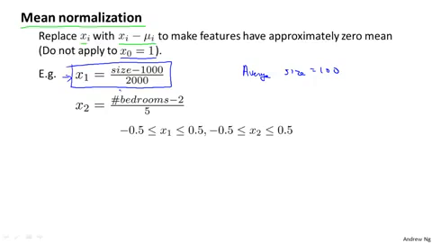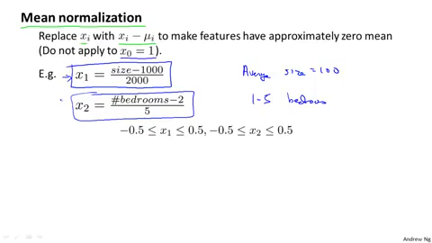And similarly, if your houses have 1 to 5 bedrooms, and on average a house has, say, 2 bedrooms, then you might use this formula to mean normalize your second feature x2.